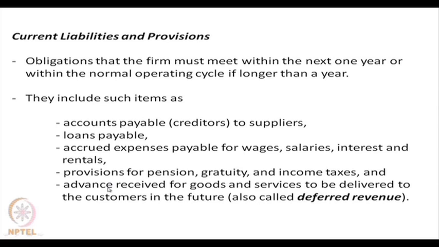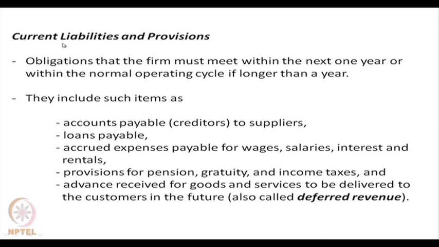That means the amount is received in advance from the customers, but the goods and services have not been delivered to them. So, these are advances received, also known as deferred revenue. So, this is also a liability.